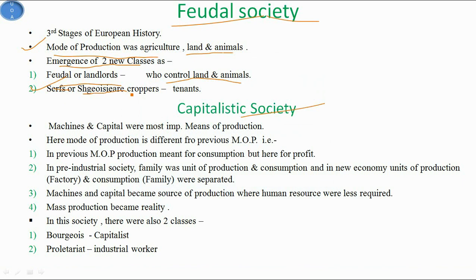Sorry for the spelling mistake. It is sharecroppers, also known as tenants.